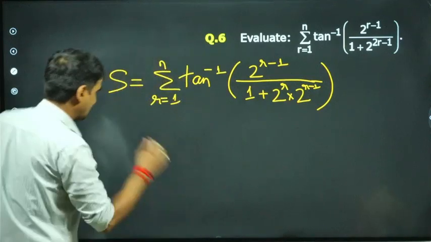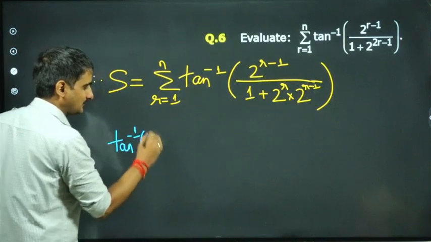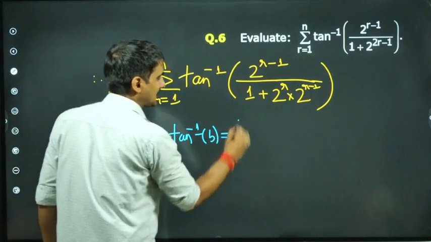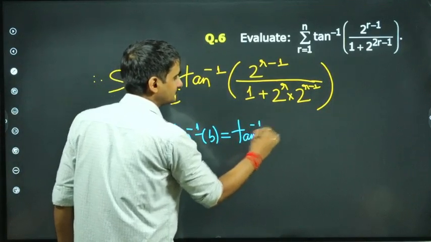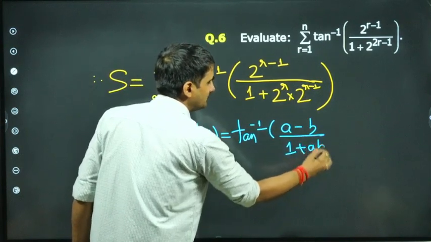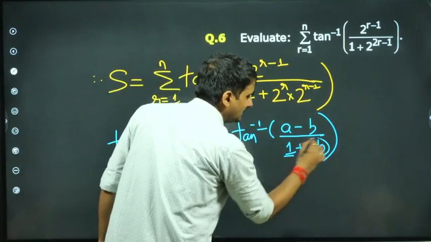See, I have that formula at the back of my mind which says tan inverse of a minus tan inverse of b is tan inverse of (a minus b) upon (1 plus ab). So the focus here is 1 plus a into b.